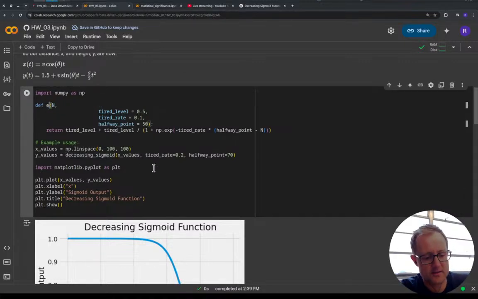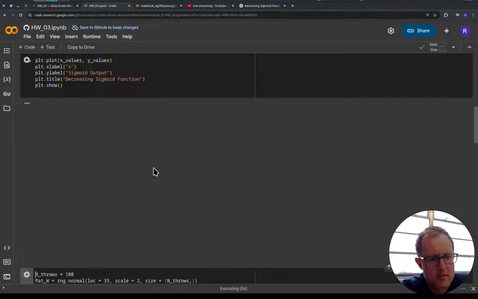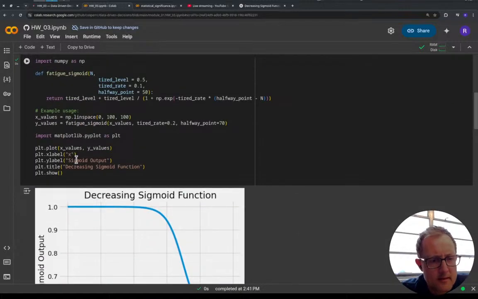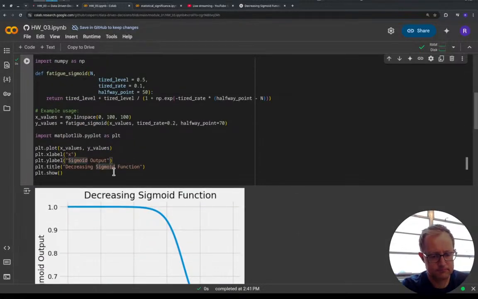So let's call this fatigue sigmoid. And you know what? Let's do this. We'll plug in two different values.